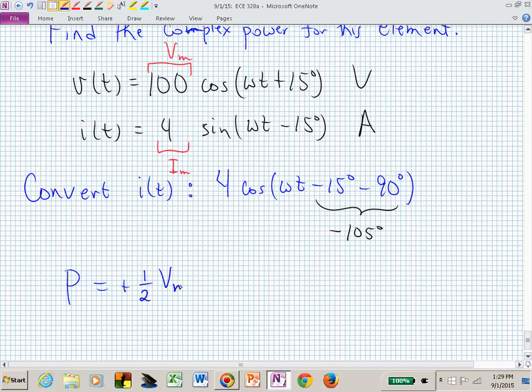1/2 Vm Im cosine of what? Theta V minus theta I. And I have all of that information. I now have that that's 1/2, Vm was 100, Im was 4, cosine of 15 minus minus 105.